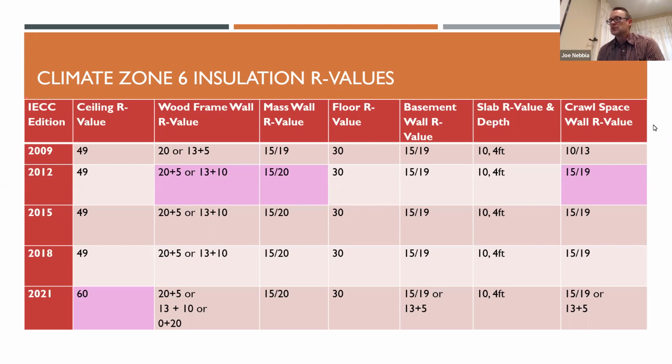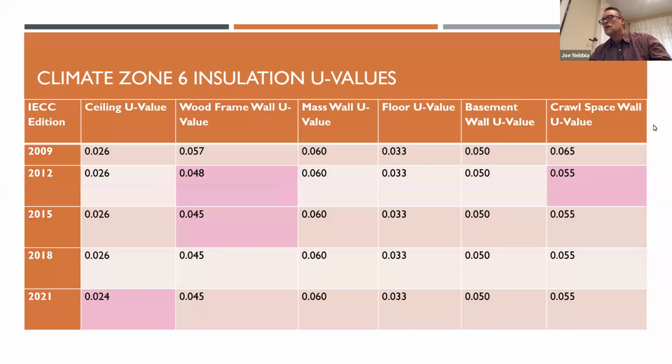And so it's a little bit odd to me that that's what's in the code for basement or crawl space cavity walls, because you're still going to be using the same dimension lumber there, which is actually 5.5 inches if you've got a 2x6. So that's a little odd to me, but that's what the code says. So R19 would be the cavity insulation requirement there.